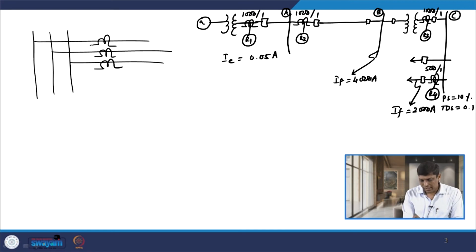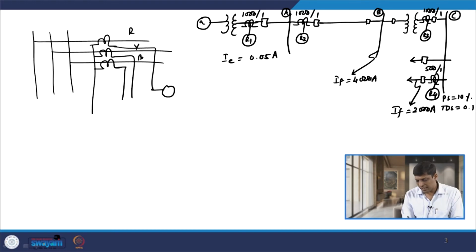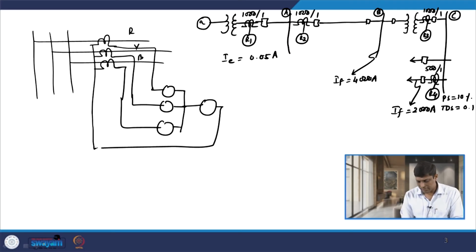If I have the R phase, Y phase and B phase here, then we have 3 relays connected, one in R phase, another in Y phase and another in B phase, and we have another relay connected like this. This is your 51 R relay, this is 51 Y relay, and this is 51 B relay. 51 stands for overcurrent relay, that is phase relay. So, we have 3 phase relays, one in each phase.